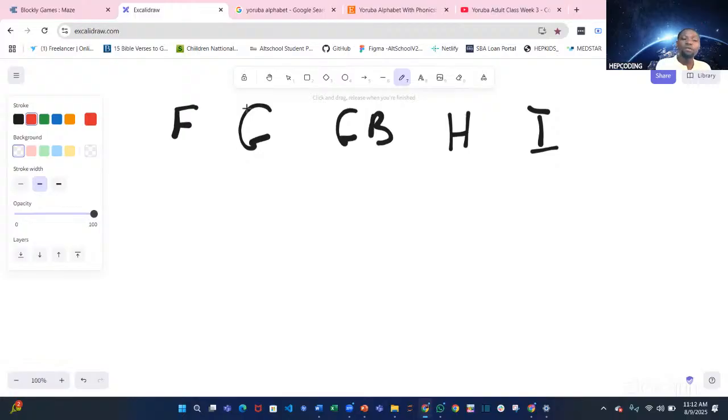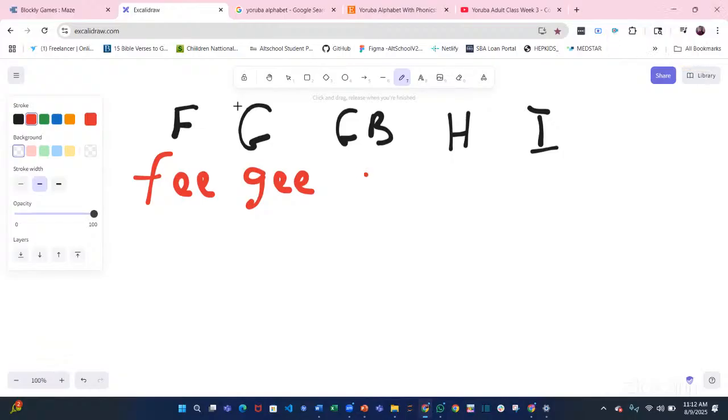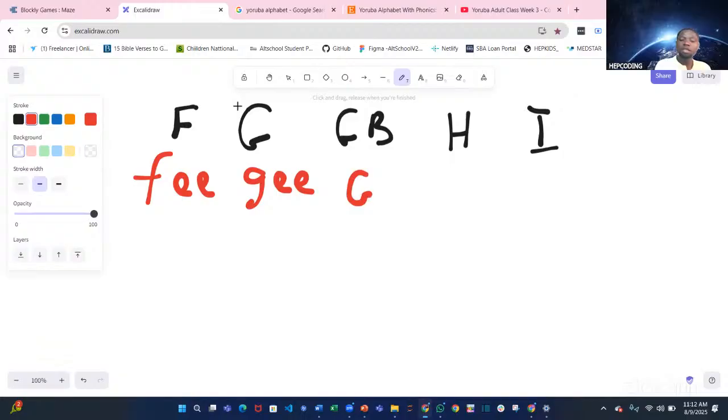This is not F. Oh. This is F, like this, F. This is not G. This is G. You can see everything is like E at the end of it. F, G, B is pronouncing B and G together.